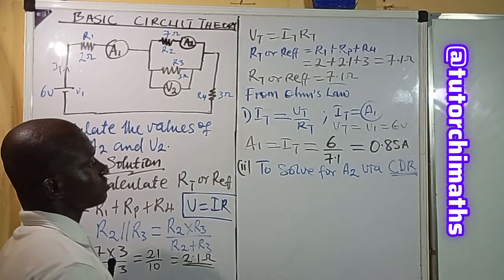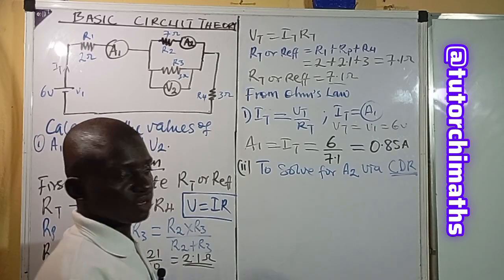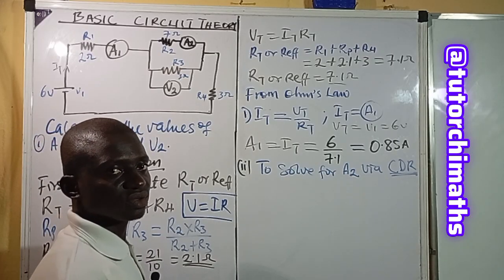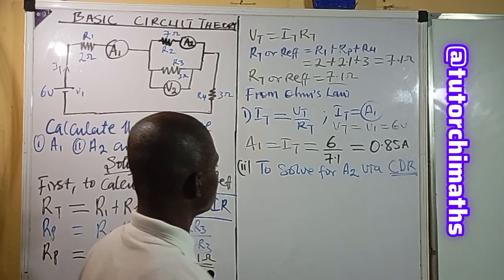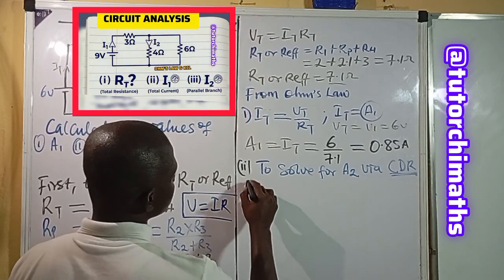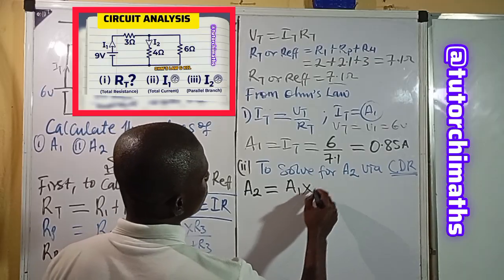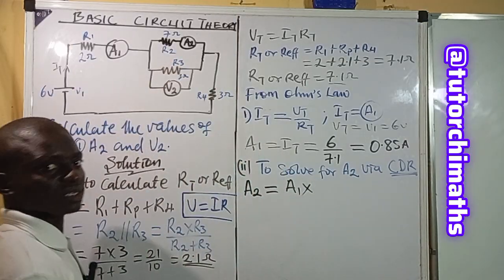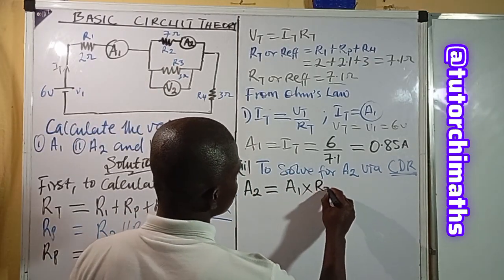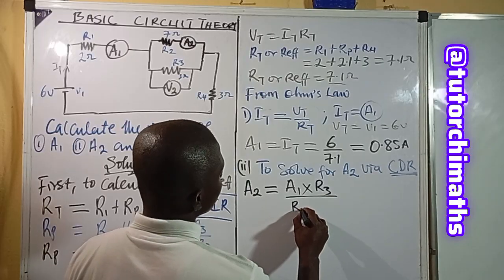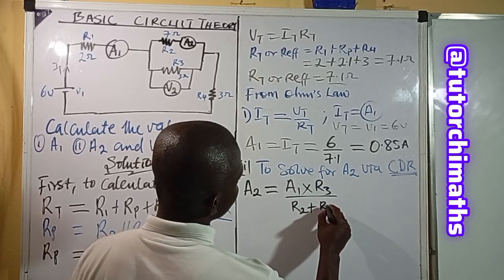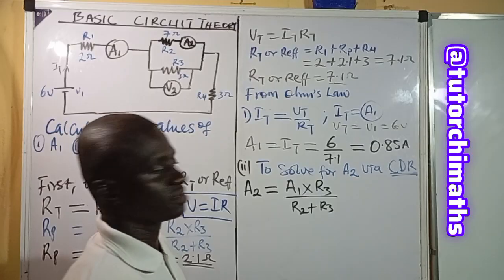For more on this current divider rule, please check my previous lesson on how to calculate branch currents. So our A2 now is equal to A1 multiplied by the opposite resistor, which is R3, divided by R2 plus R3. This is CDR.